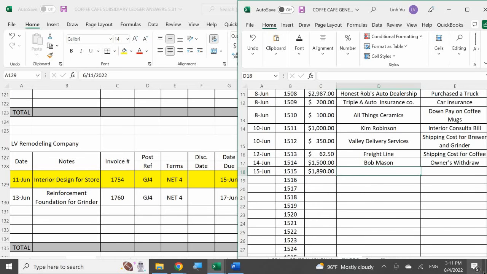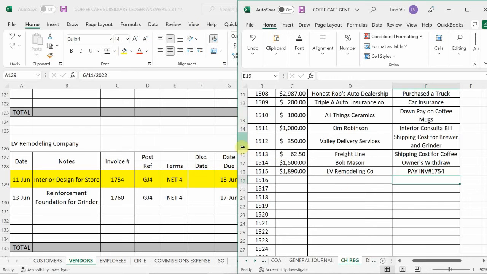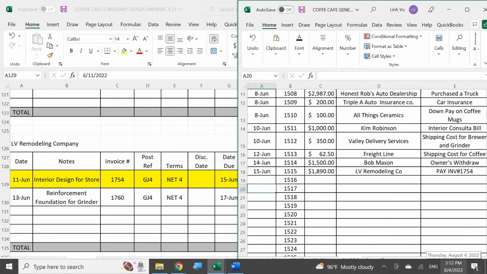To LV Remodeling company for that invoice 1754. Okay. So what am I doing with this check here?